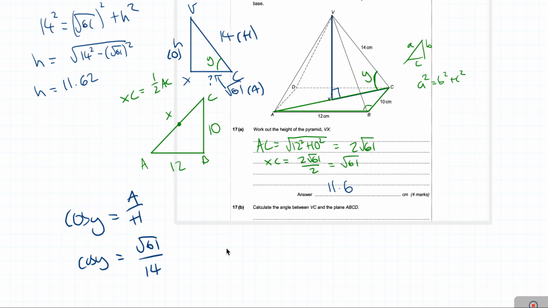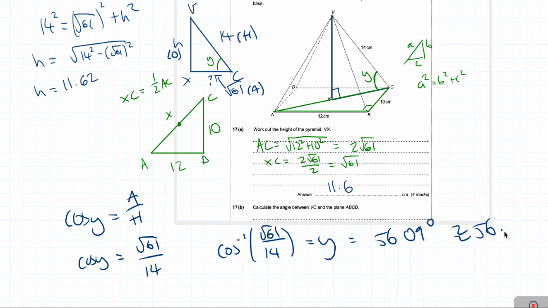And here we're going to take inverse cos of both sides, so inverse cos of root 61 over 14 is equal to Y. Plugging that into our calculator, we get an angle of 56.09 degrees, which we could say is equivalent to 56.1 degrees. And that gives your answer for 17B.